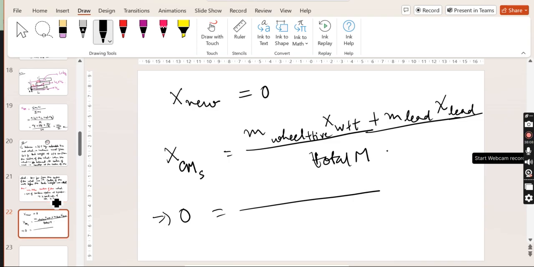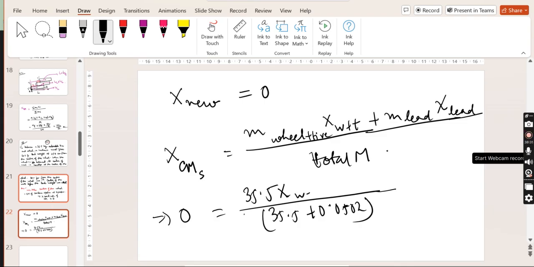This is here 35.5 plus 0.0502. We are considering the whole thing in kgs. So this is 35.5 into x wheel plus tire, plus m lead which is 0.0502. Here we take the position of the lead weight as positive.